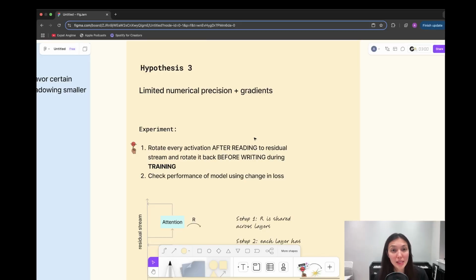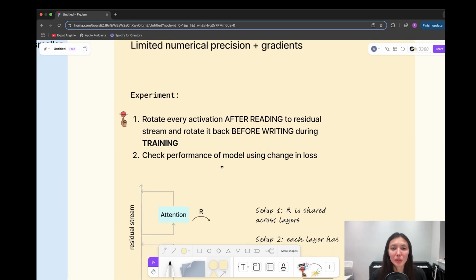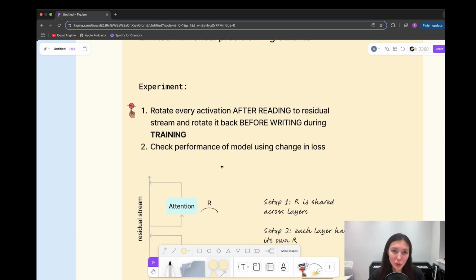Finally, the last hypothesis they tested was that maybe there is something in a combination of limited numerical precision and gradients. The experiment was very similar to the hypothesis 2 test, but this time they rotated not the parameter matrices but the activations, again between read and write to the residual stream, and during training and not the forward pass as before. And they again checked the performance of the model using change in loss.